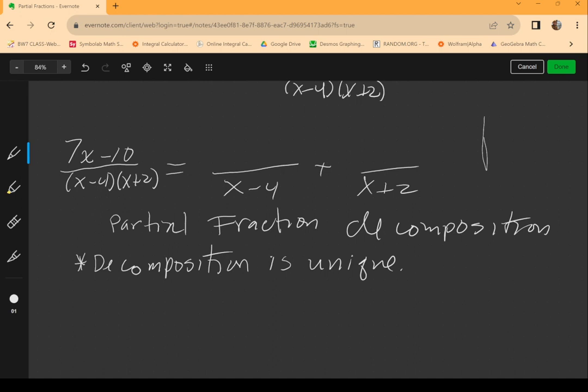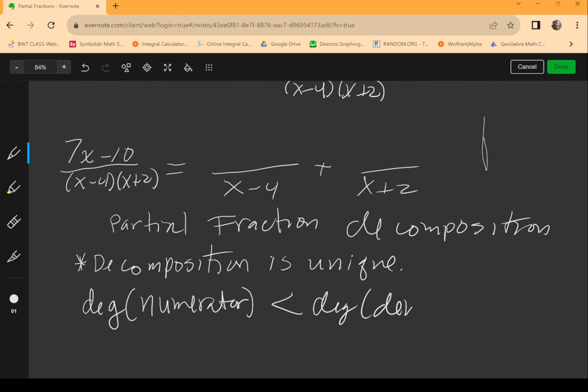And one other thing: in order for this to be able to be broken down into partial fractions, the degree of the numerator must always be less than the degree of the denominator. That would make this possible.